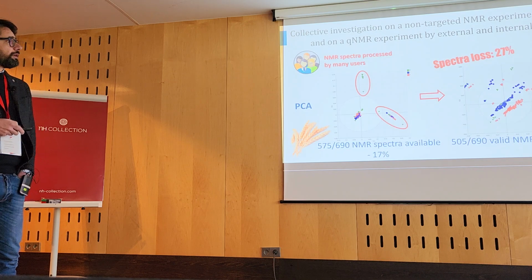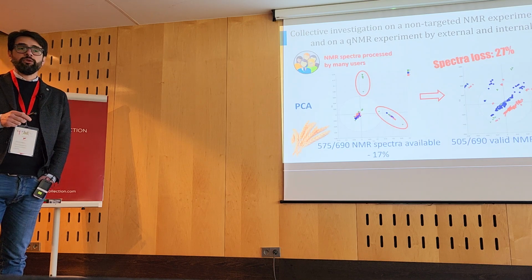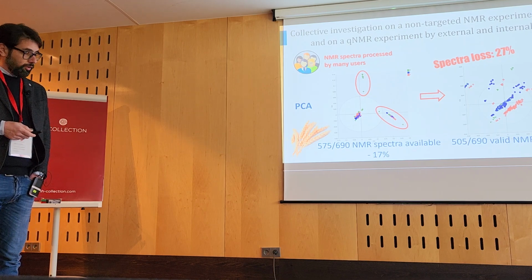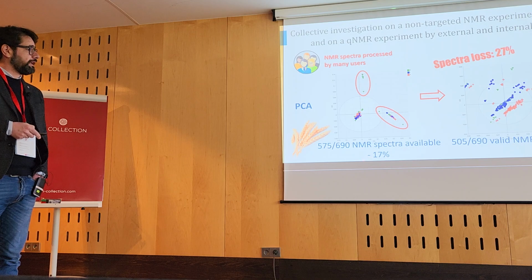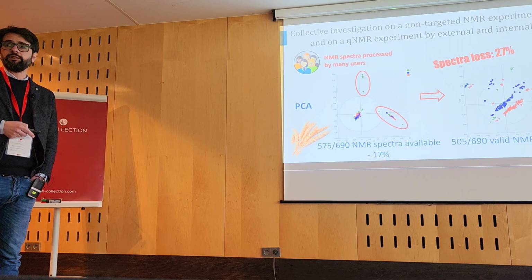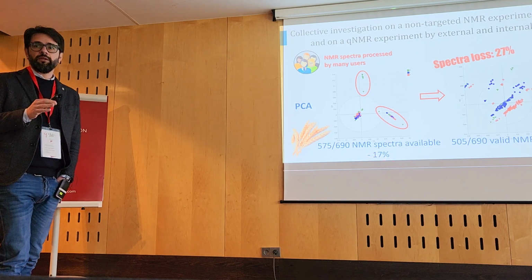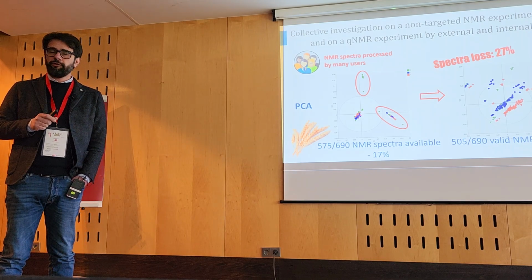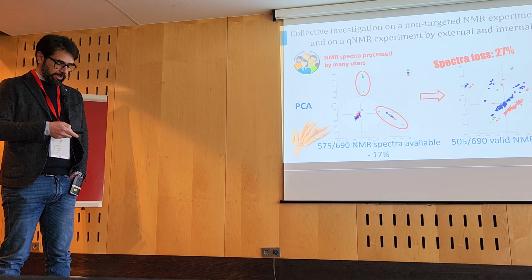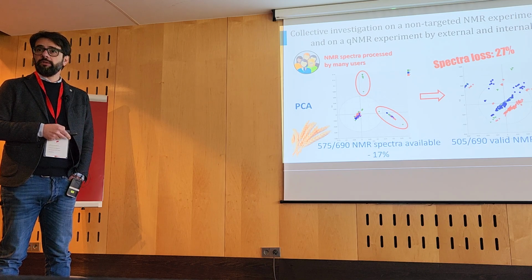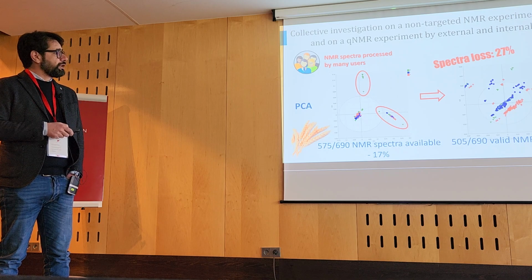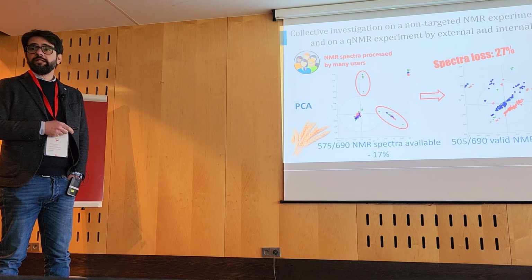And again, when you use spectra processed by many operators, you have a loss of spectra because they could not be read because of wrong file format. So we lost at the beginning 17% of spectra, and after you can see many outliers.